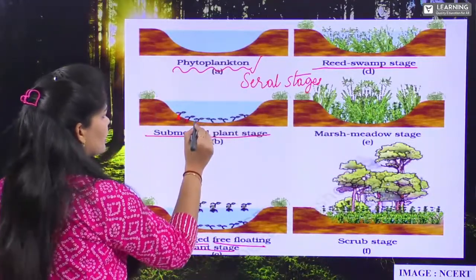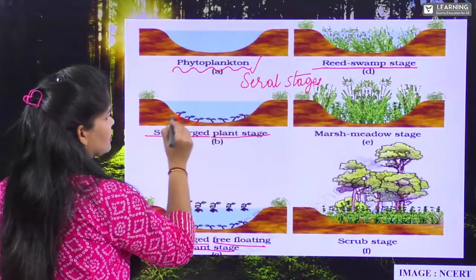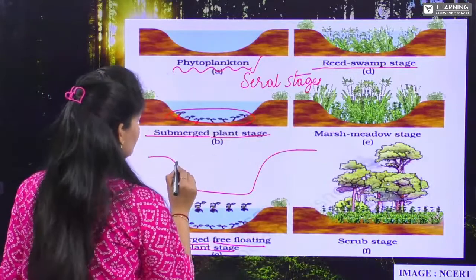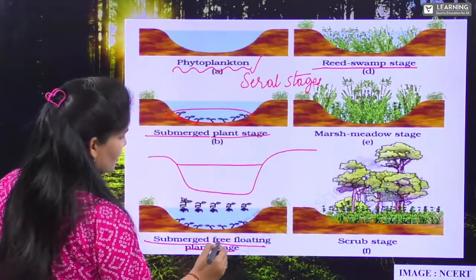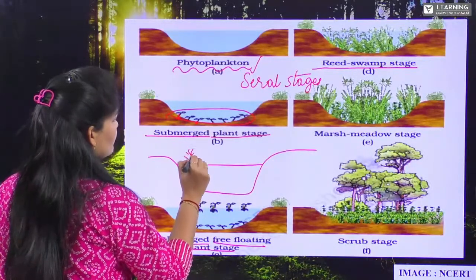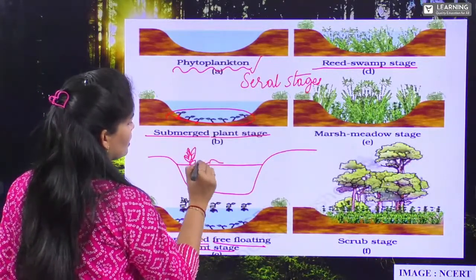Here we can see it is first submerged. These are all submerged. Think that this is the water level. Then here what happened? Free floating. We can see some of the plants that are free floating here.